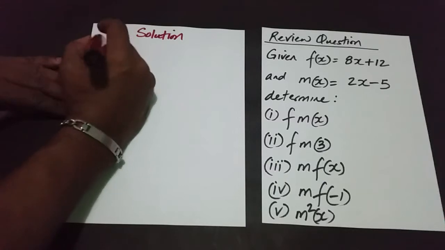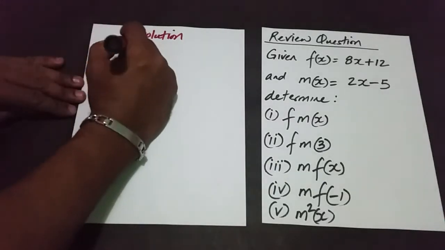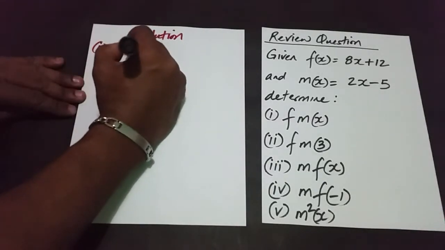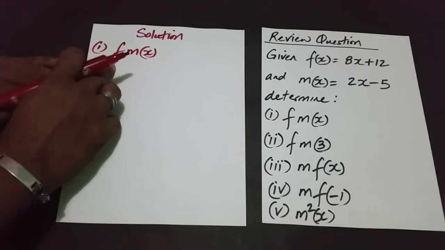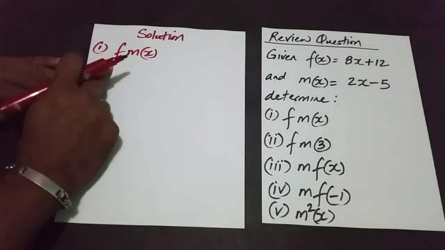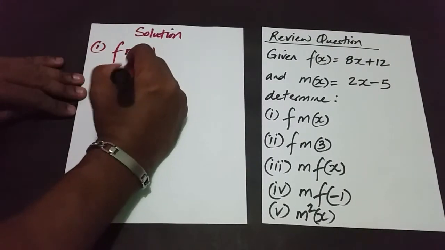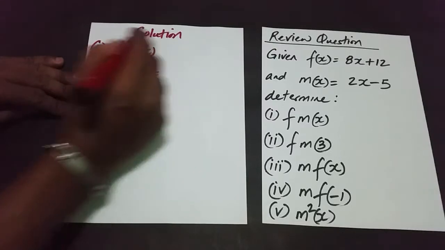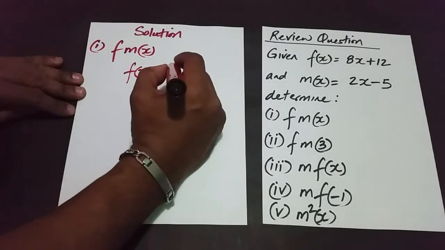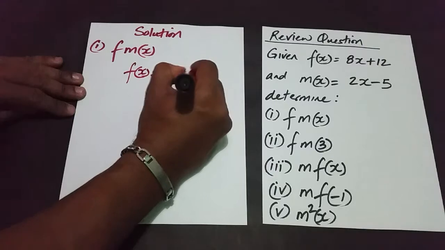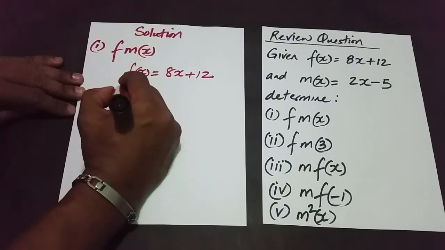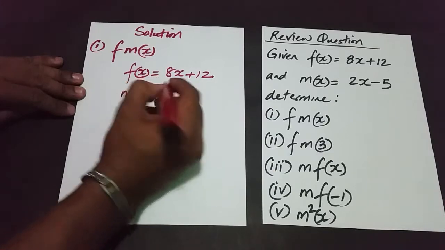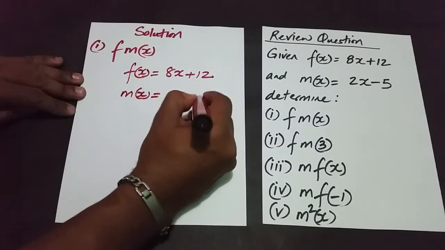So in answering part 1, which is asking us to determine f of m of x, if you remember the whole kangaroo discussion from last class, the first thing we're going to write is what the function f of x is. So we're writing that one first of all, and that function is 8x plus 12, and we're going to write the baby function, which is m of x, and that is 2x minus 5.